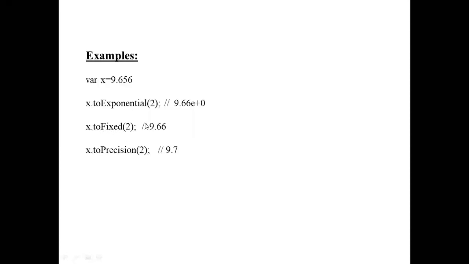Fixed means how many values are present after the decimal point. So x.toFixed(4) means 9 point, and after this point there are 4 values, 6560. x.toPrecision means the total length of x. If the total length is only 2, that means 9.7. If it is x.toPrecision(4), that is 1, 2, 3, 4, four values, that is 9.656.